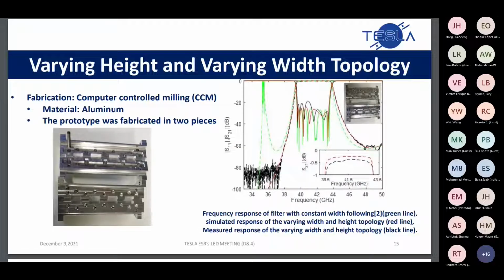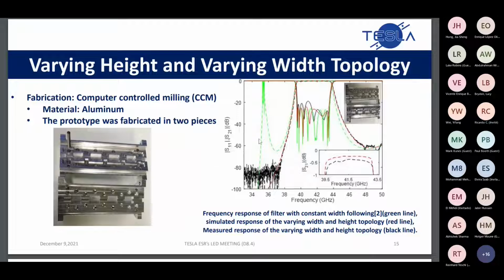Then the device was fabricated with computer control milling, and the material used was aluminum, and the prototype was fabricated in 2 pieces, which we can see here in this photograph.